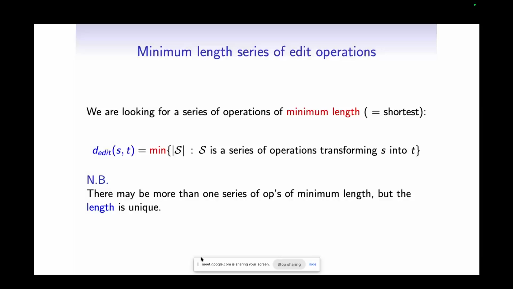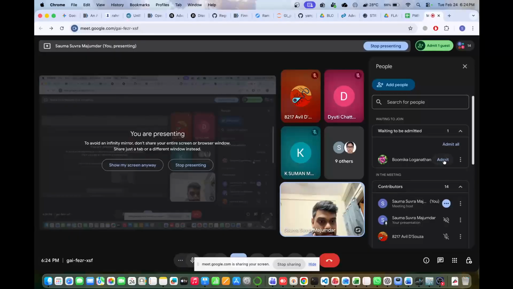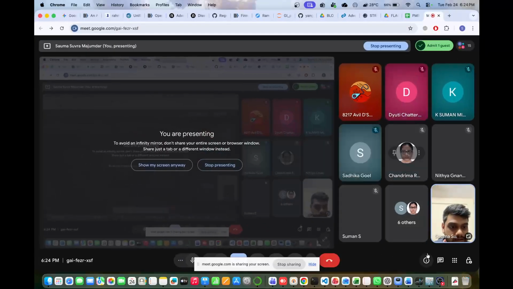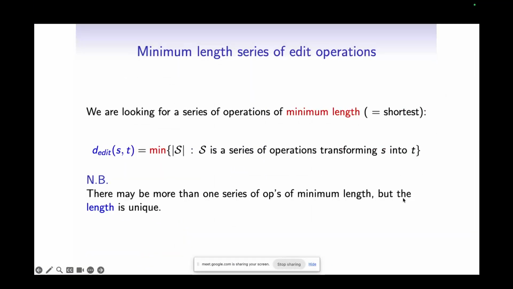Okay, so again, as I was saying, you are looking for a series of operations of minimum length.